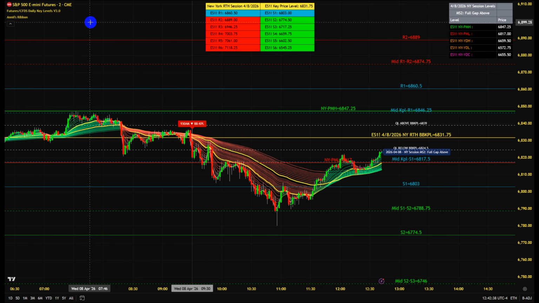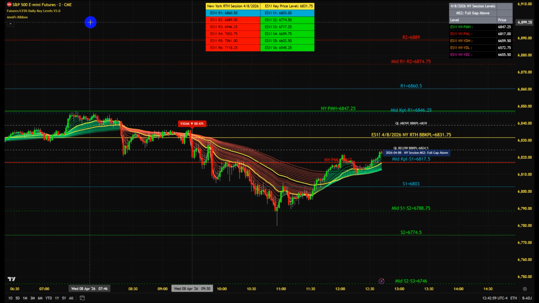It is similar to the original Madrid ribbon, which is also free on TradingView. However, it does have a couple of little nuanced differences from the Madrid ribbon. So, in our opinion, the Annie's ribbon is going to be a superior ribbon to use for this particular purpose.